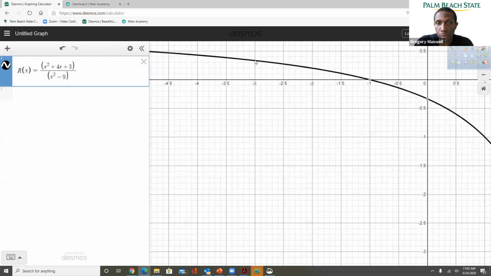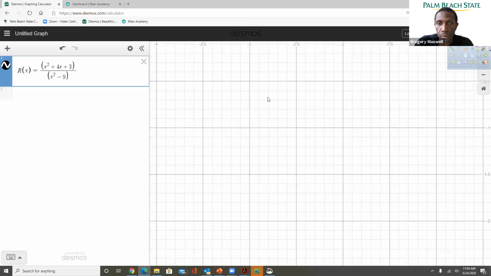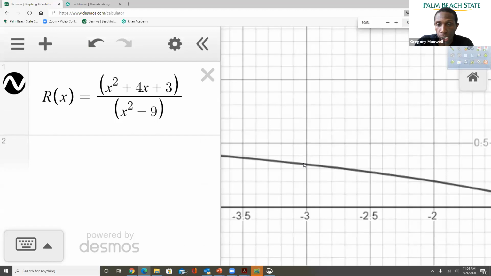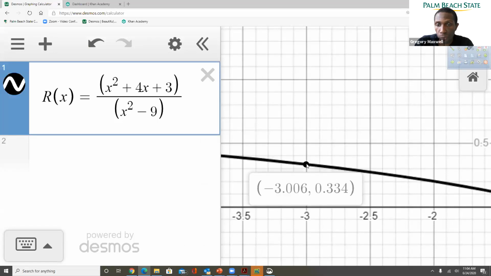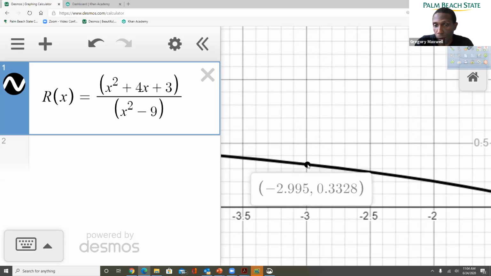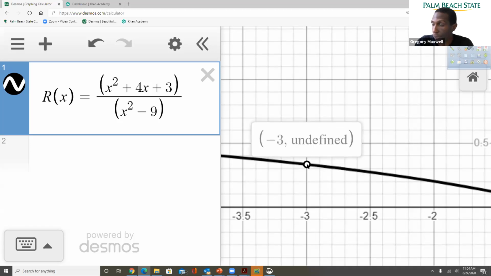When I plug in negative 3, it says undefined. It doesn't show it like that on the graph. When I take it out of the graph, you don't see that it's undefined. But when I put it there, negative 3 is undefined.